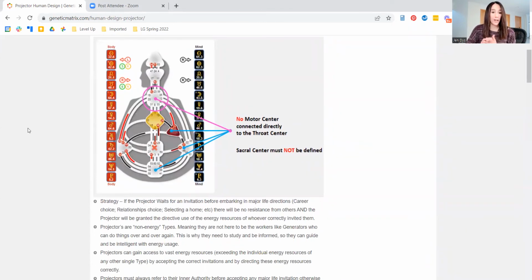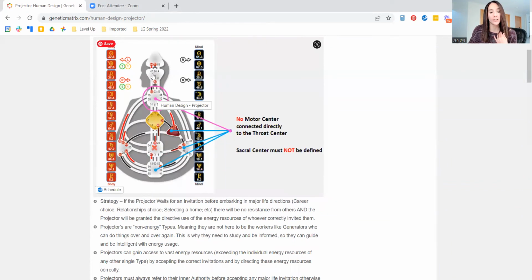Again, we do not have the sacral center defined, and in the projector there is no motor center connected to the throat center. So you can still have your throat center defined as a projector, but this definition in the throat center is not coming from one of the motor centers. Let's say you have definition in the ajna center right here.